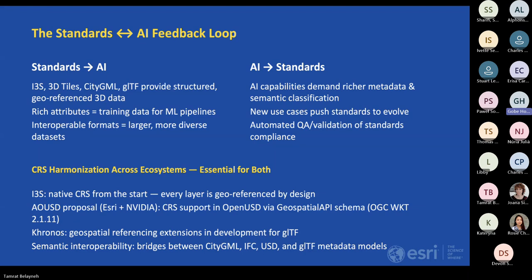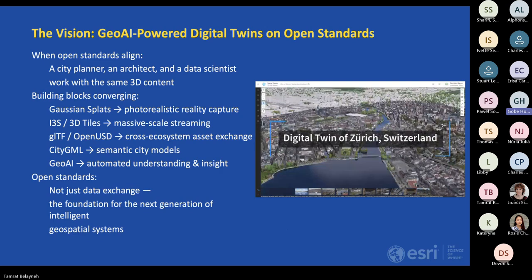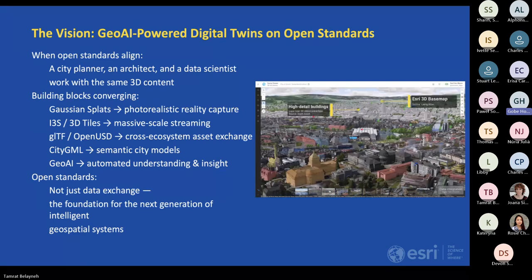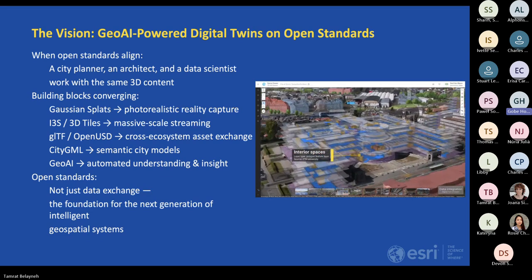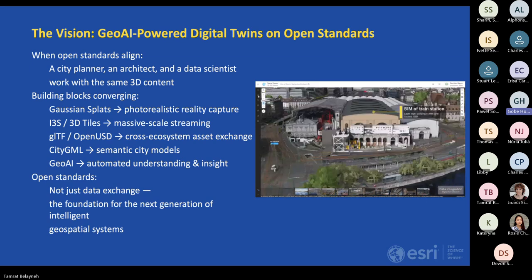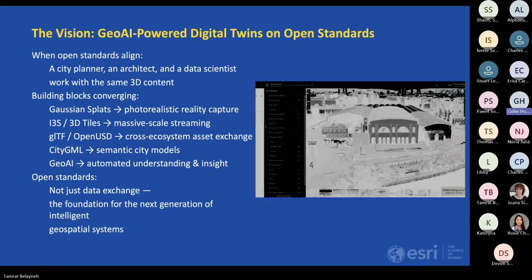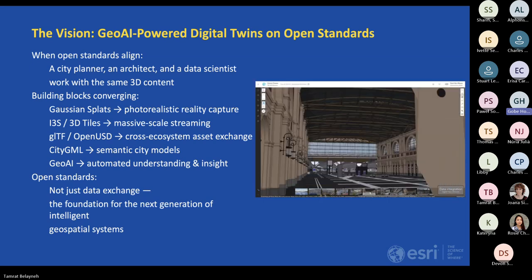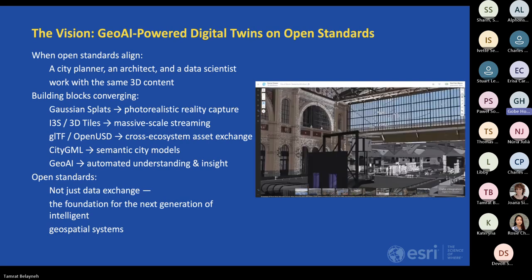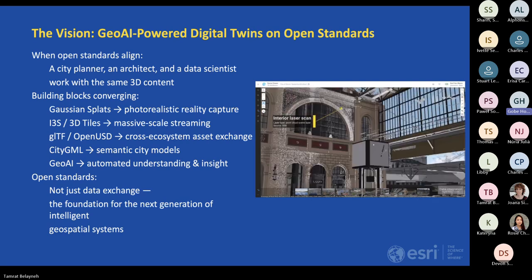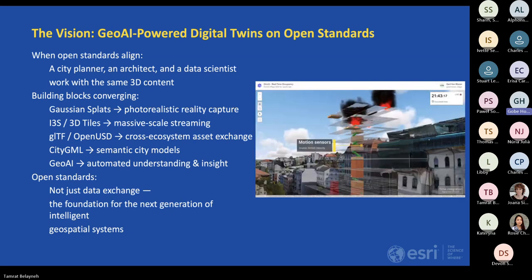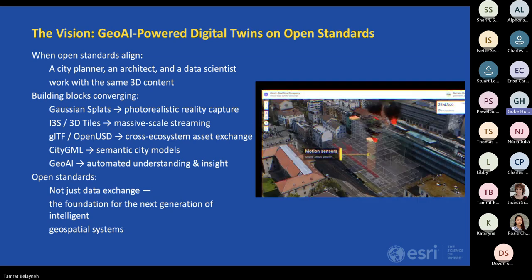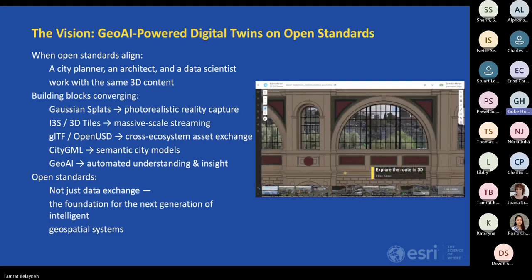Okay, so one last thing I wanted to sign off with is the vision of having Geo AI powered digital twins based on open standards. The video that you see is an example of that. This is again a city with information, whether it is simulation, sensors.